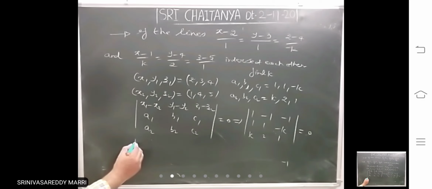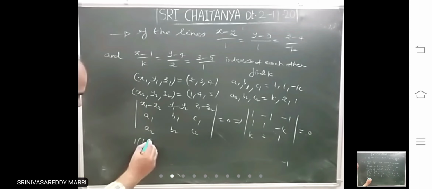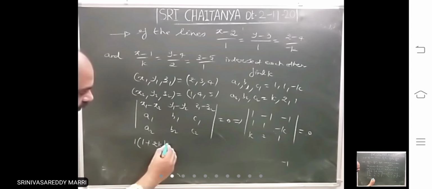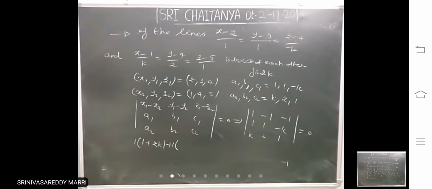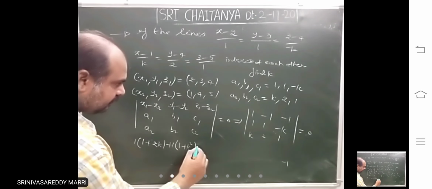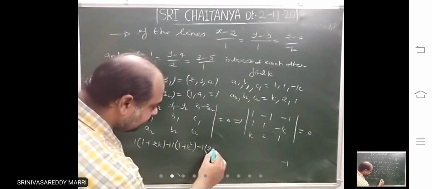Expand the determinant: 1 into (1 plus 2k), plus 1 into (1 plus k square), minus 1 into (2 minus k).